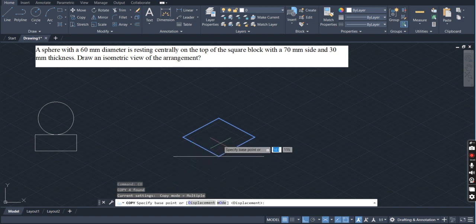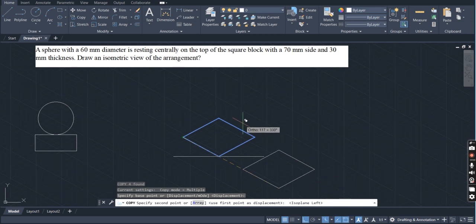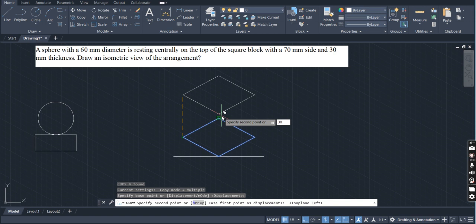Select its base, click anywhere. Change the isoplane so that the height comes into picture. What is the thickness of the square block? It is 30. Give 30.